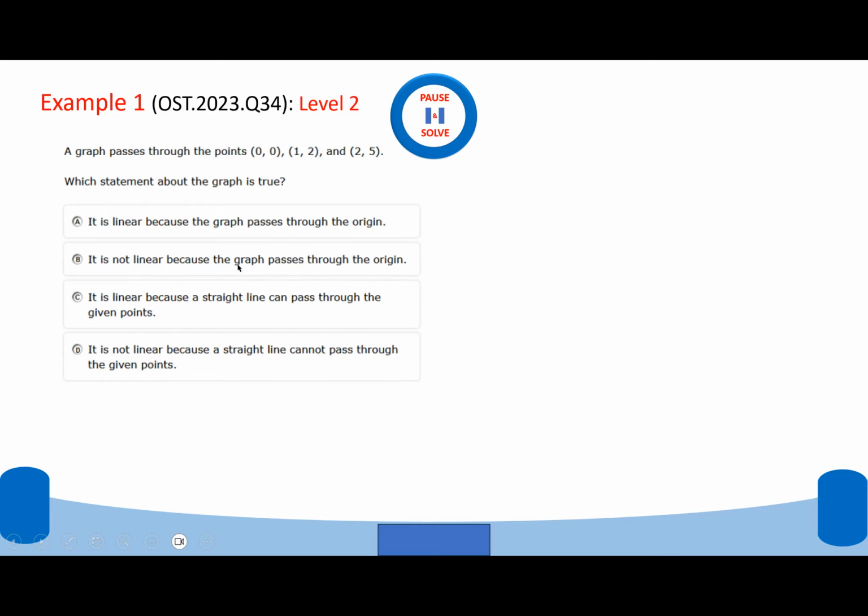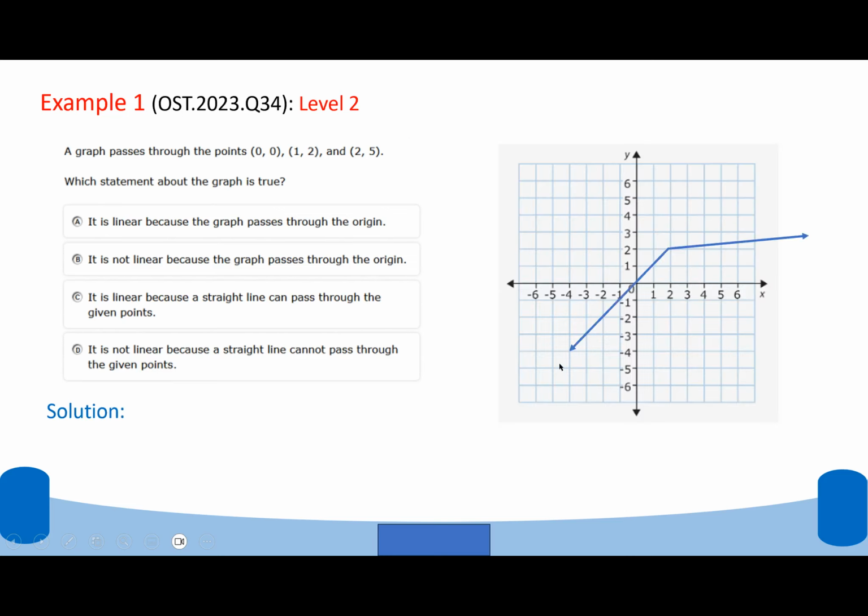Now you notice here these first 2 options really have nothing to do with the function being linear or not linear. Here's a function that's not linear, even though it passes through the origin. On the other hand, this is a linear function and it passes through the origin.